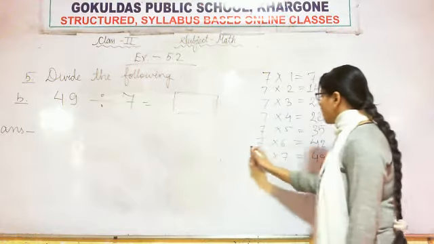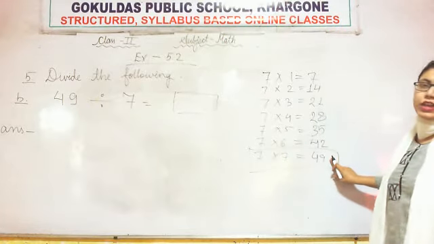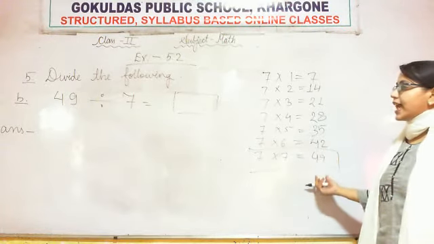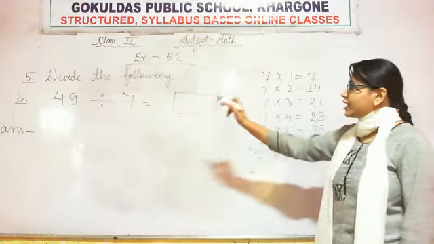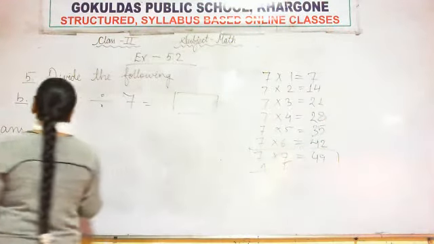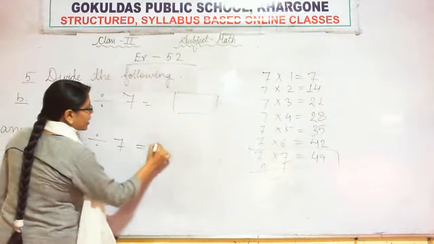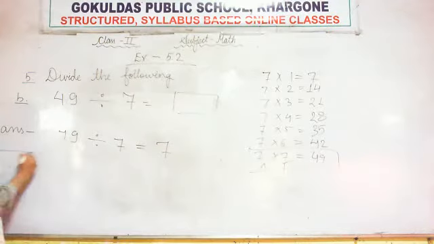So here we will stop. If we multiply 7 by 7, then we will get 49. So 7 sevens are 49. It means if we divide 49 by 7, we will get 7. So our answer is 7. So 49 divided by 7 is equals to 7. This is our answer.